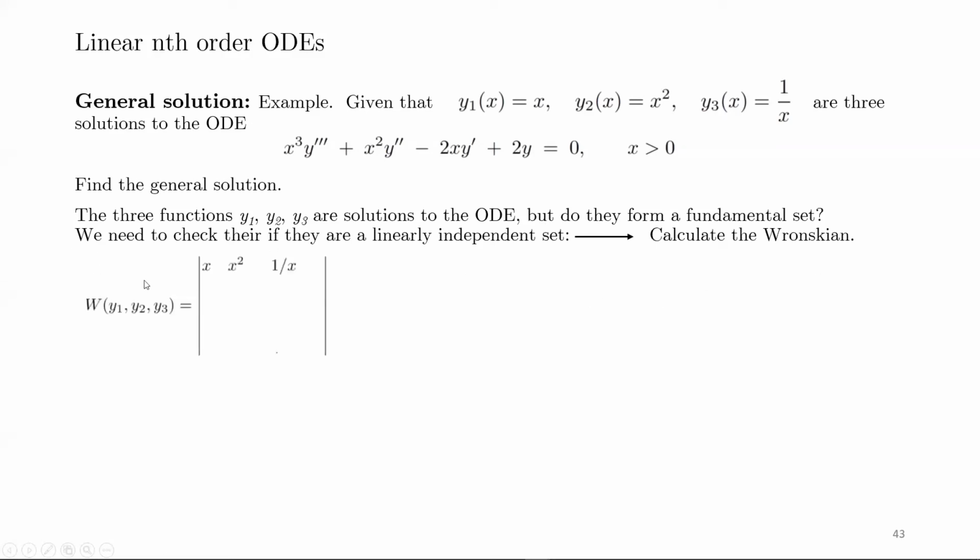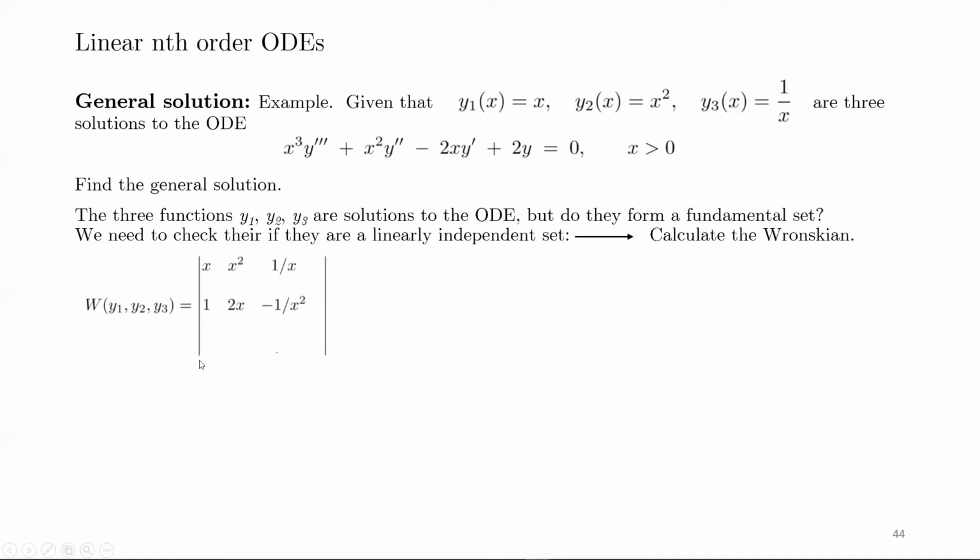The Wronskian again consists of this matrix with the functions y1, y2, and y3 in the first row. In the second row of the matrix, we calculate the derivative of each of these functions. So the derivative of x is 1, of x squared is 2x, and of 1 over x is minus 1 over x squared.